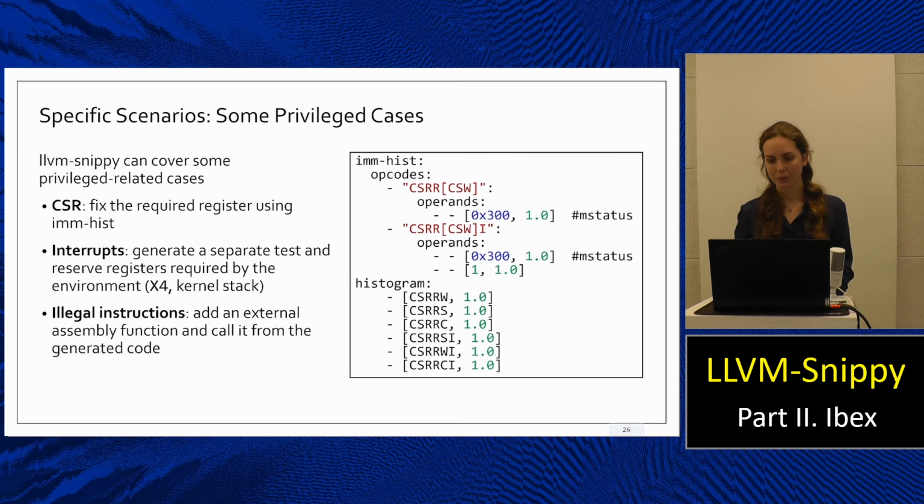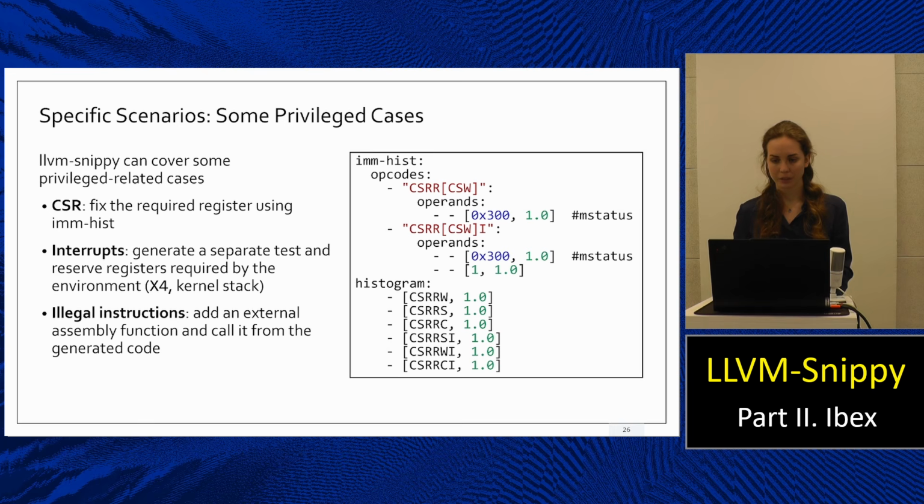The first example is CSR instructions. What matters is not only the generated instructions shown on the slide, but accessing a specific CSR register. In our case, we fixed mstatus through the CSR address option by setting the CSR address to 3000. The second example is interrupt scenarios.